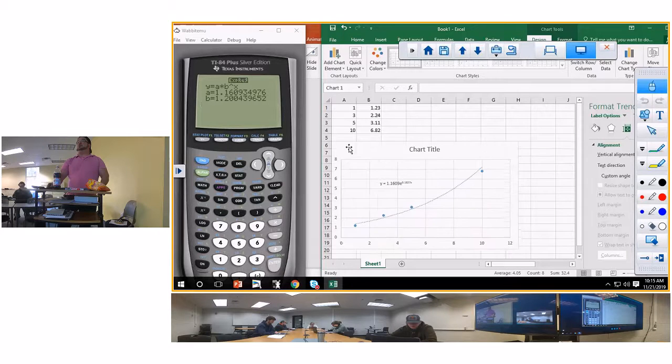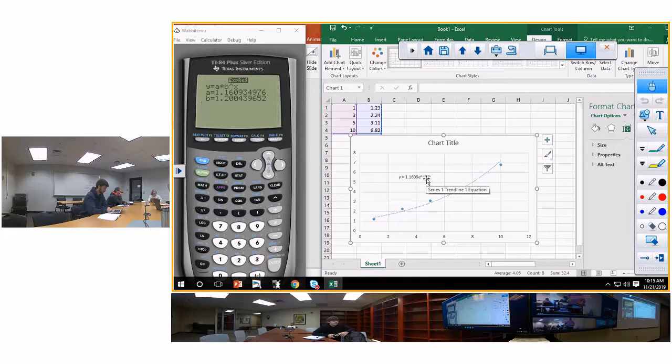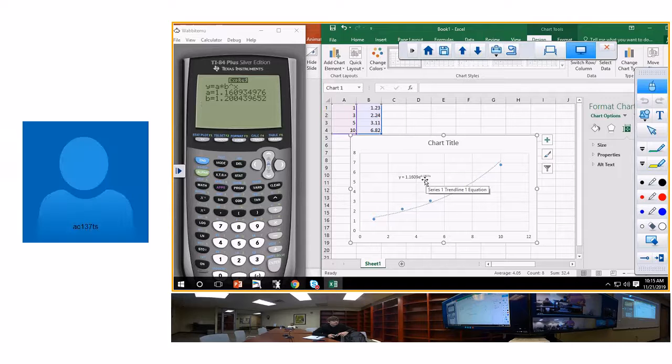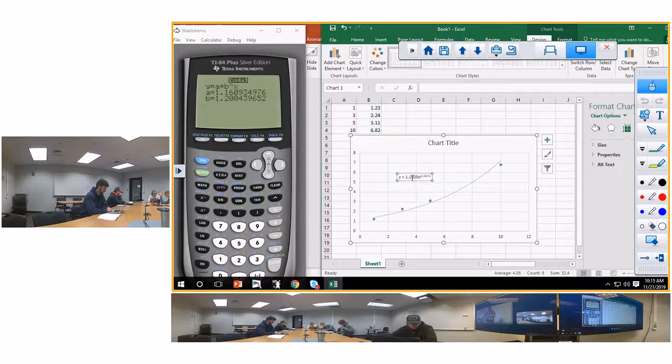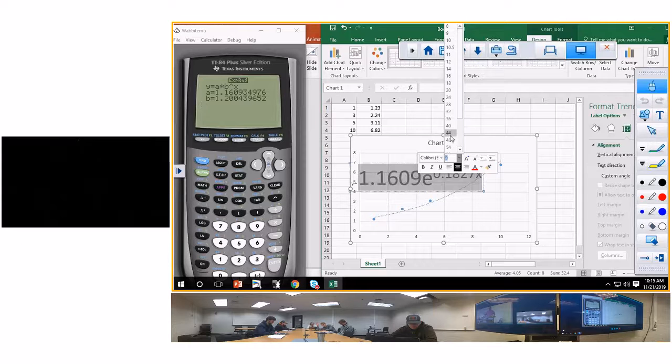Isn't that a 0 point something X? Wonder why I did that. Well, I can't see it, so let me see if I can make it a little bit bigger. I don't know why it makes it so small. There we go.